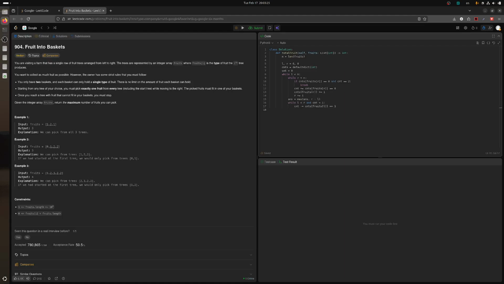Okay, so if we are going to remove it, then we subtract the count we have, so fruits L. We can actually just use an array, we don't have to use a hash map, which is potentially very slow. I also need ans, fair enough, and then we do this, which is minus equals 1, and then L plus equals 1, and then return ans.